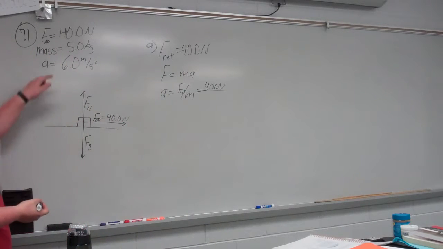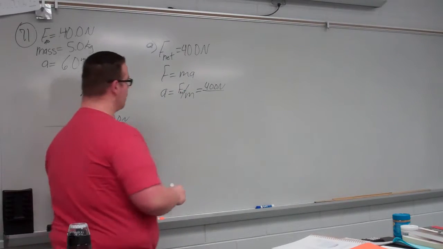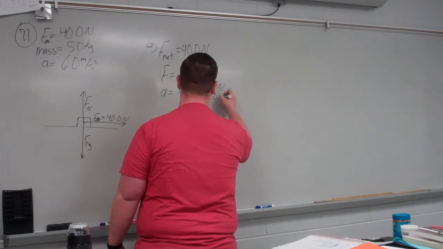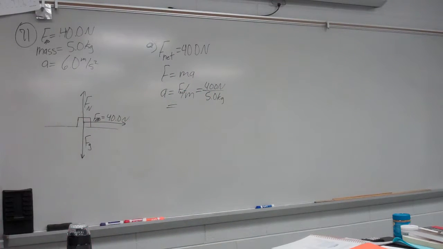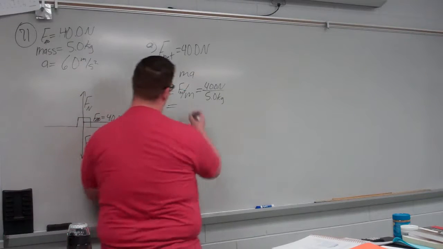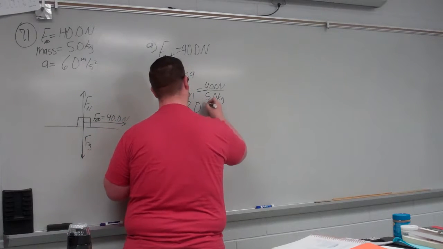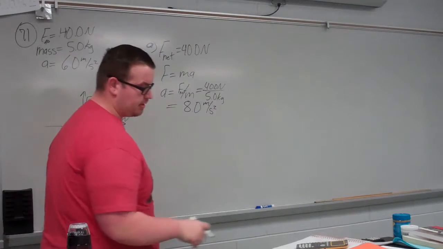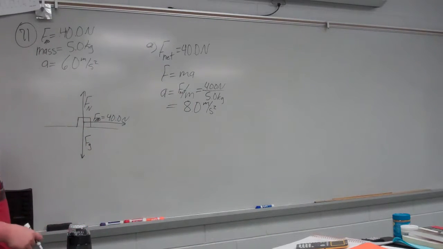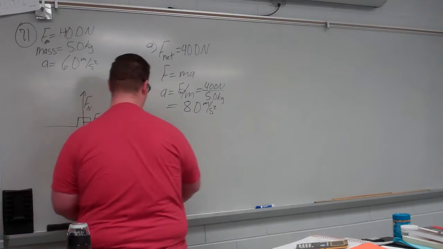The mass of the box is given to be 5.0 kilograms. Grab yourself a calculator. If you're not confident in yourself, I'm pretty sure it should be 8.0 meters per second squared. I'm grabbing a calculator because I'm going to need it later. So there's the answer to A.